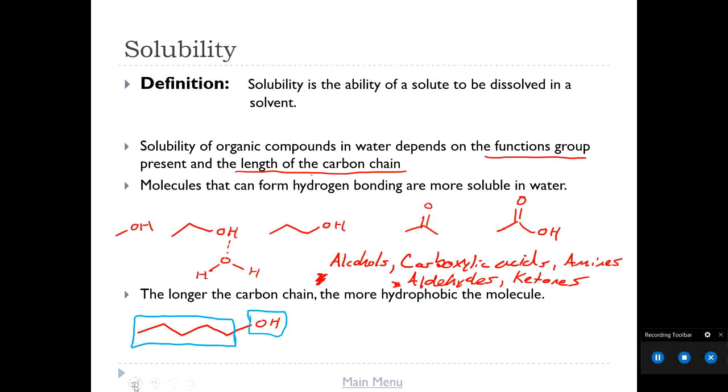Now for those of you in biology, this may look slightly similar. This is just a side note for the biologists listening in. You may have seen this when you're studying the cell. This we call the phospholipid bilayer.